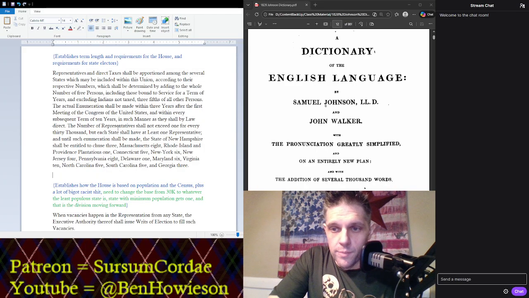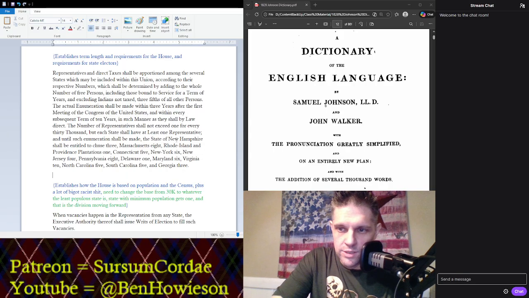Let's see. So the number of representatives shall not exceed one for every 30,000, but each state shall have at least one representative, and until such enumeration shall be made, the state of, and then it lists what the initial house size was for these 13 states.